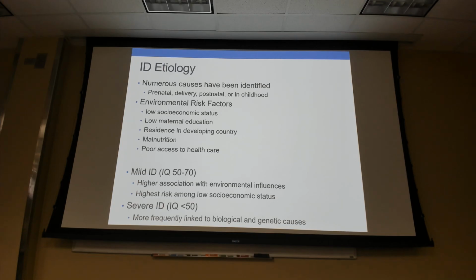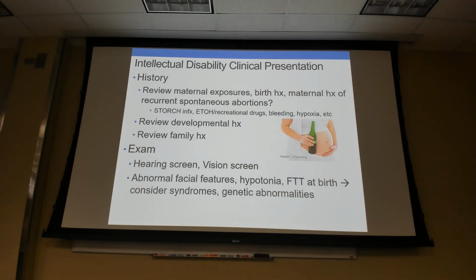So what are we going to do now? What do you do when you are looking at these patients? So yes, you're going to review mom's history. Yes, you're going to review the baby's history. Remember the STORCH infections, what was S? What was T? Toxoplasmosis. What is the R?